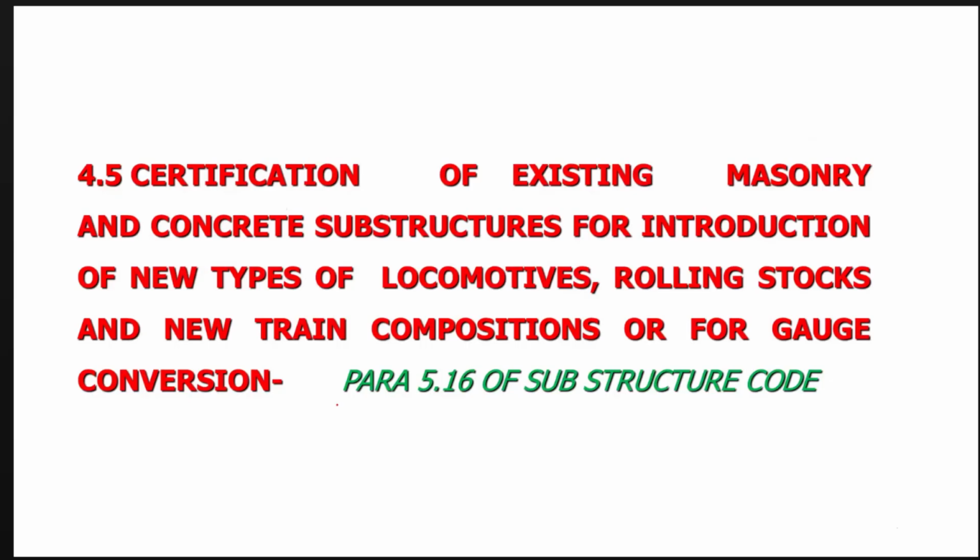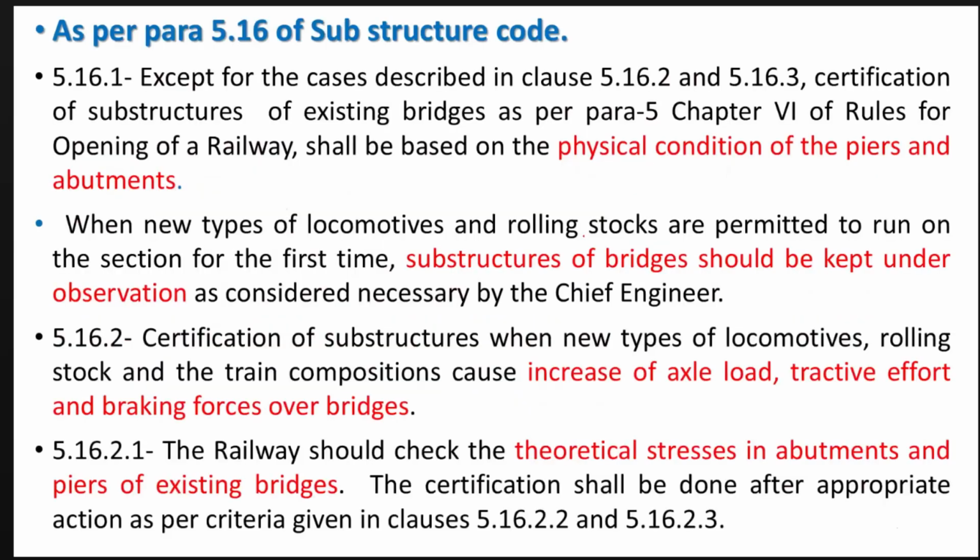Para 5.16 of the substructure code will help us in checking such loadings. This chapter is called Certification of Existing Masonry and Concrete Substructure for Introduction of New Type of Locomotive, Rolling Stock and New Train Composition for gauge conversion. So as per this para, we will discuss in detail.